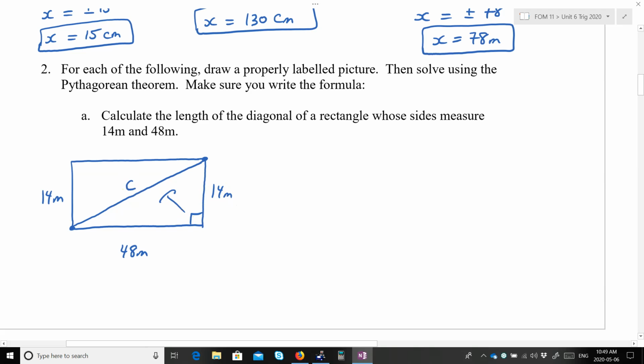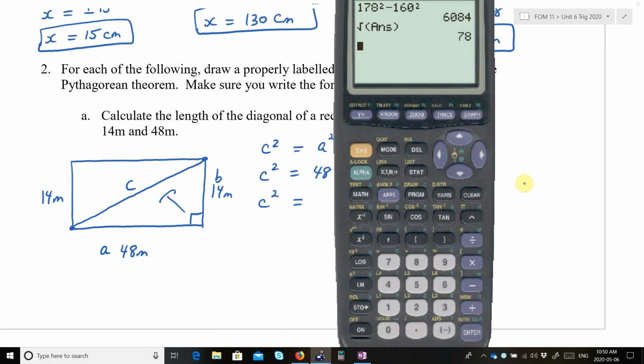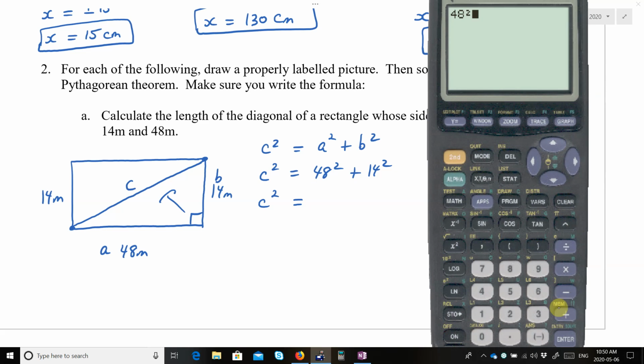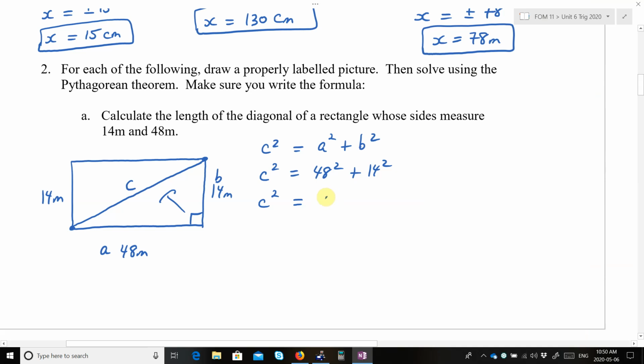And across from the 90 is C. So what we're looking for is that length C, the diagonal of the rectangle. So we can call this A and this B, and go C squared is equal to A squared plus B squared. So C squared is equal to 48 squared plus 14 squared, which is 2,500.